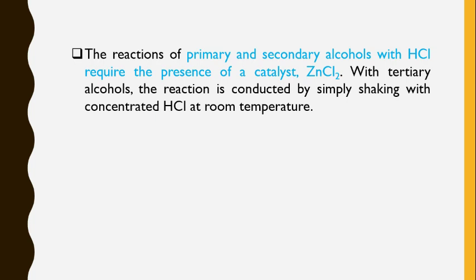Secondary alcohol means the OH group is attached to a carbon containing only one hydrogen atom. And tertiary means the OH group is attached to a carbon which does not contain any hydrogen.